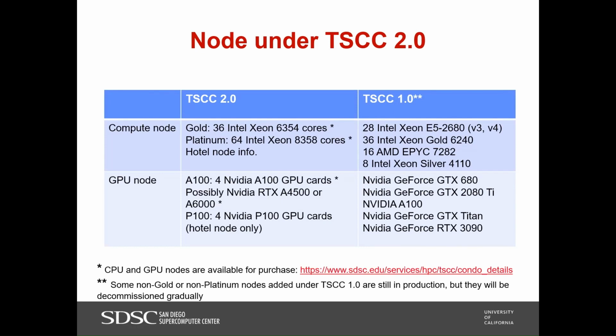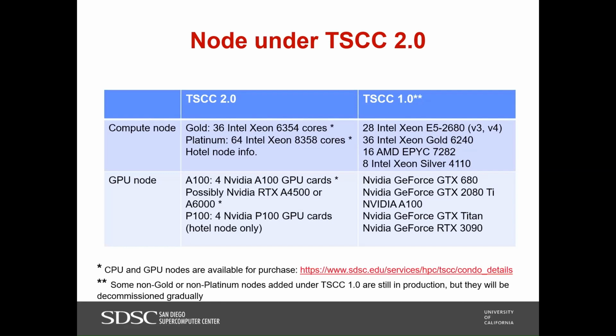Under 2.0, we will have three types of compute nodes, which are the gold, platinum, and some special hotel nodes, versus multiple different types of CPUs on the current TSCC 1.0.